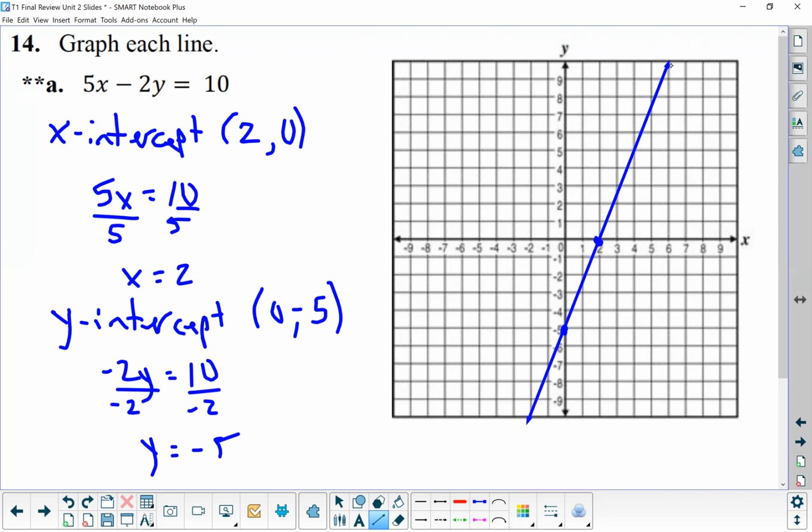If you prefer, you could write this in slope-intercept form. So I'm going to show you that real quick. Actually, what I'm going to do is copy this page.